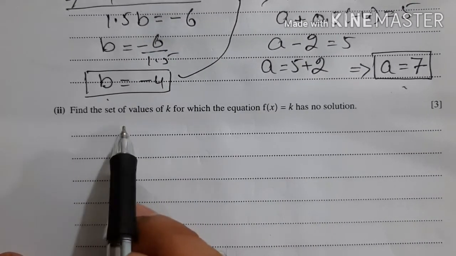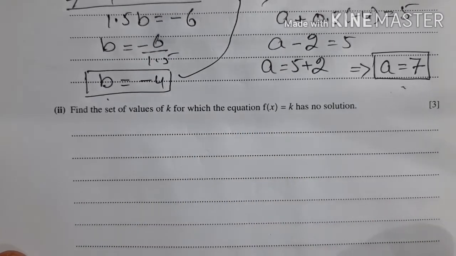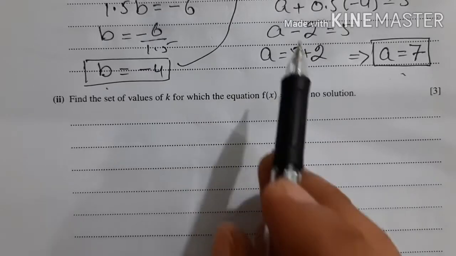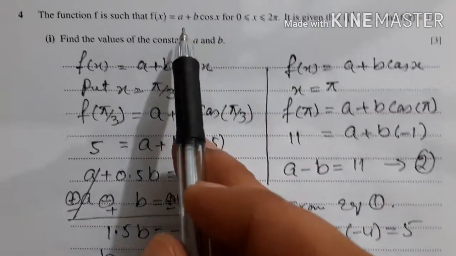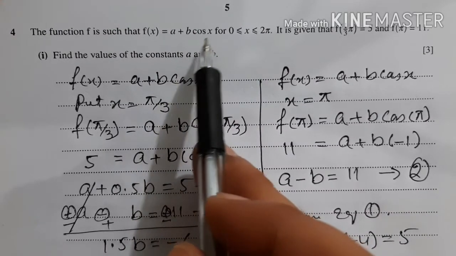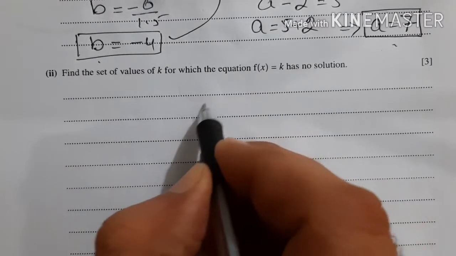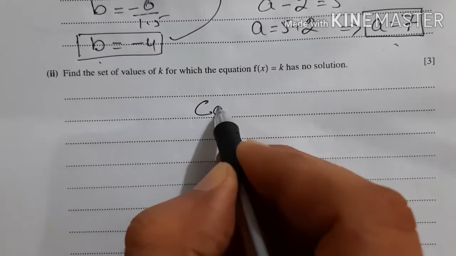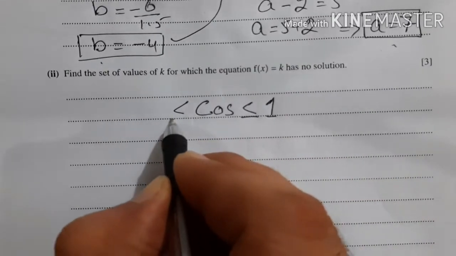Okay. Part B. Find the set of values of k for which the equation f of x is equal to k has no solution. Because we can see there is a cos x in the function, we know the values of cos x lie between plus 1 and minus 1.